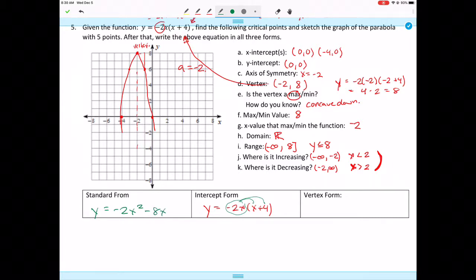And then vertex form, we know that the vertex is negative 2 comma 8, and we know that a equals negative 2. So we can just plug that into our equation. Y equals negative 2 times x minus a negative 2, which gives us a positive 2, squared, plus 8. All right.